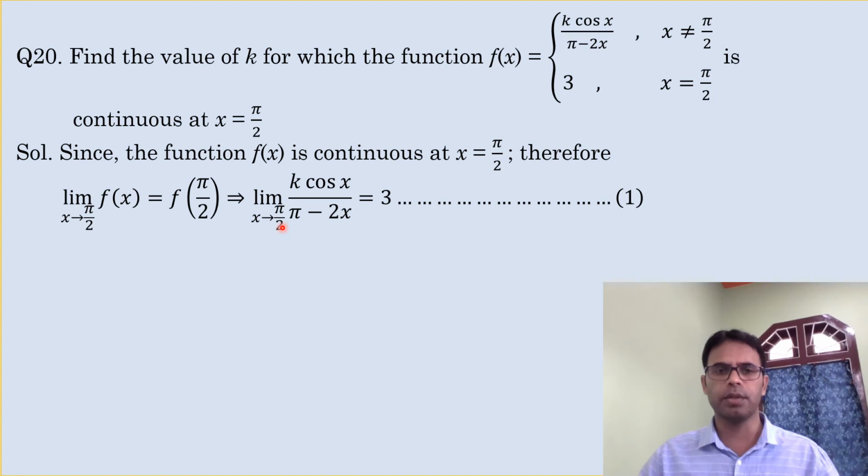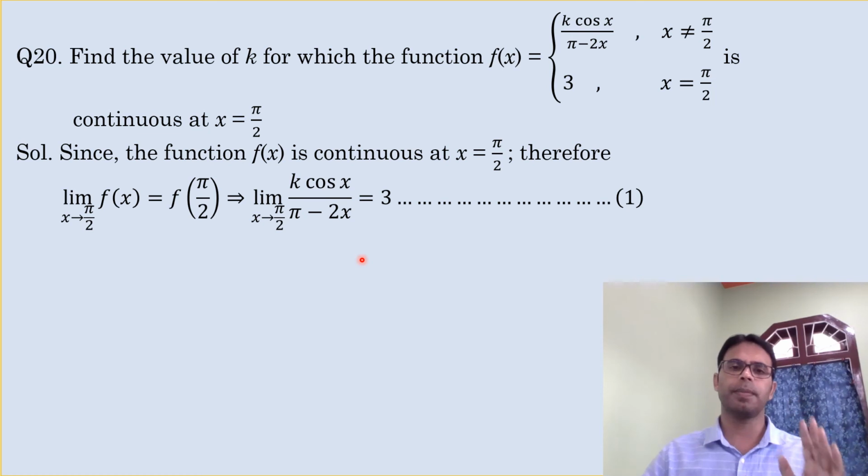Okay, then try to find the limit only. You see, the denominator's limit is equal to 0 after using x = pi/2, and therefore we have to take a simple substitution by taking pi minus 2x as equal to some new variable, say y. You already solved these types of limits in the first year.